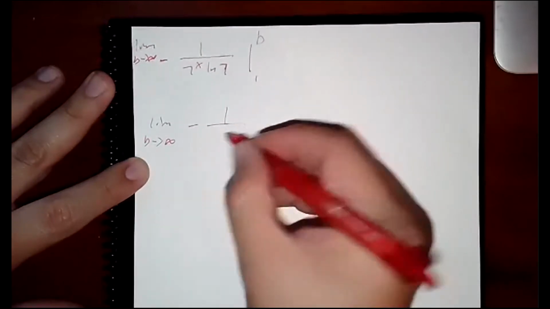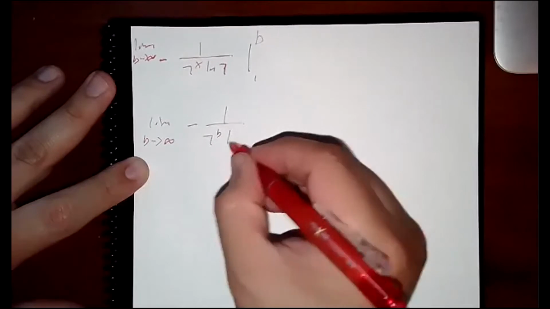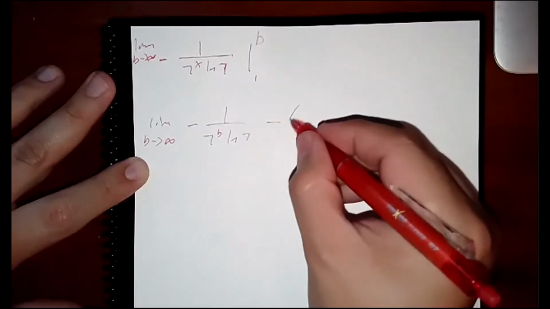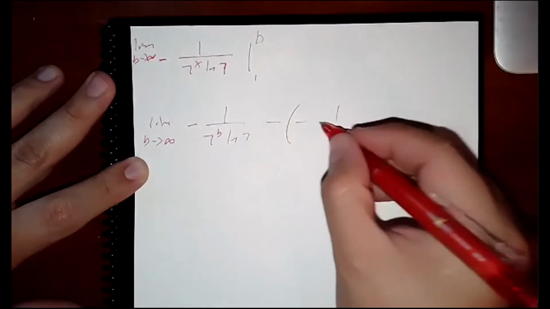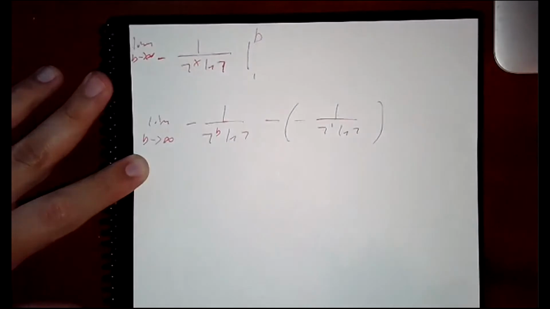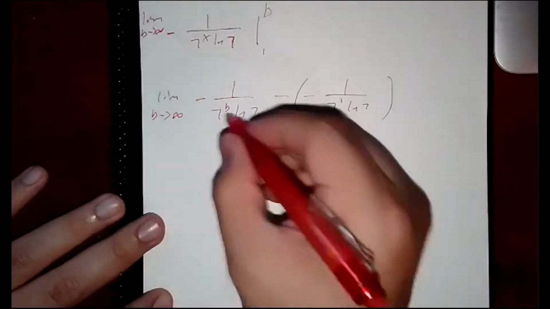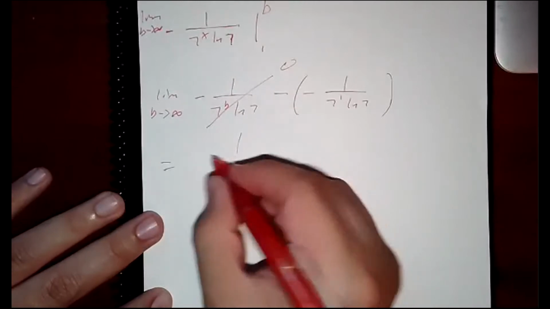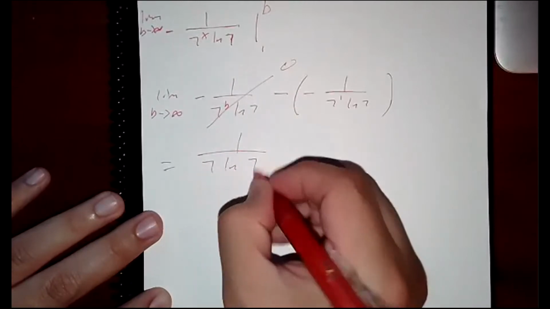Negative 1 over 7 to the b ln 7 minus a minus, right? This goes to 0. You end up with 1 over 7 ln 7.